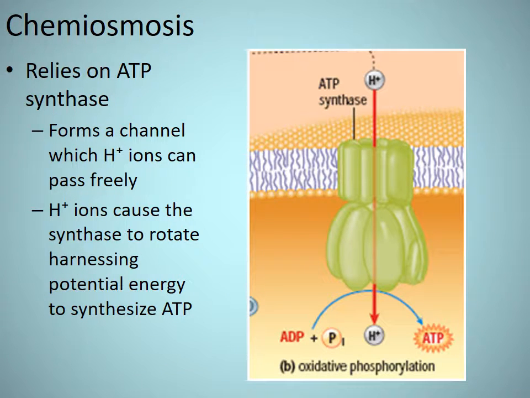Chemiosmosis relies on ATP synthase. Again, the hydrogen ions pushed into the intermembrane space as a result of oxidative phosphorylation will be used to drive the ATP synthase.